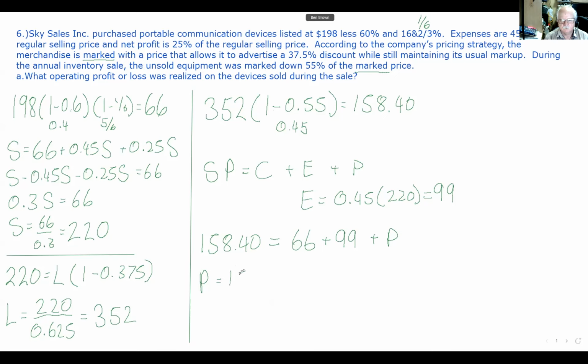So 158.40 minus 66 minus 99. So what did they do here? 158.40 minus 66 minus 99 gives us negative $6.60.